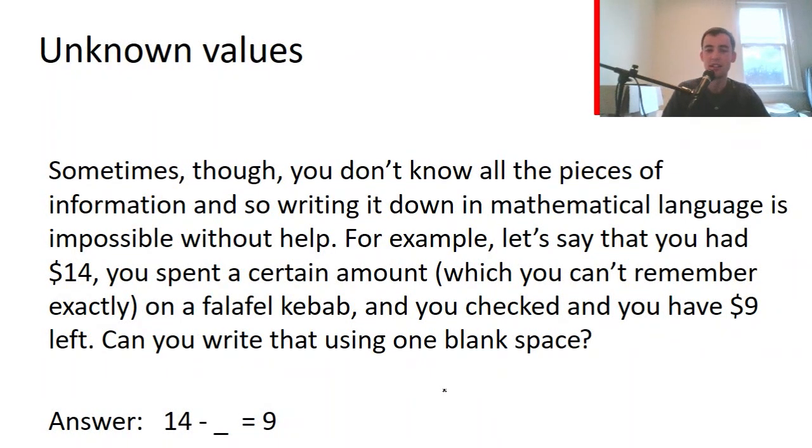And when I teach this in class, some people actually do write 14 minus x, or they put a letter here. And that's actually one step ahead. But if you didn't do that, that's fine. Because I asked you to do a blank space. 14 minus blank, we don't know what this is. Equals 9. Right.